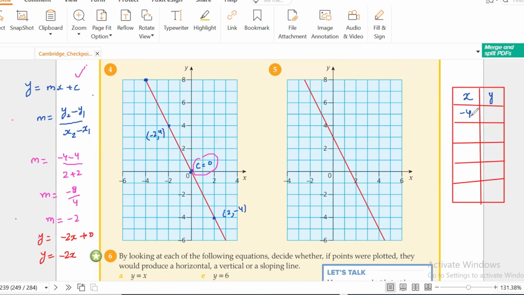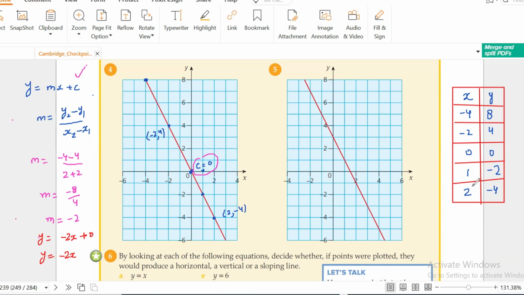When x is -2, y is 4. And if x is 0, y is also 0 because it is exactly at the origin. And if x is 2, we have y = -4.